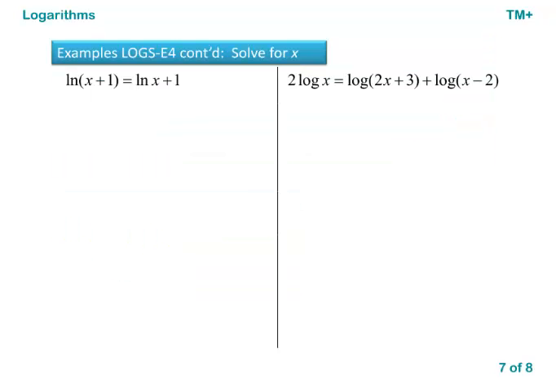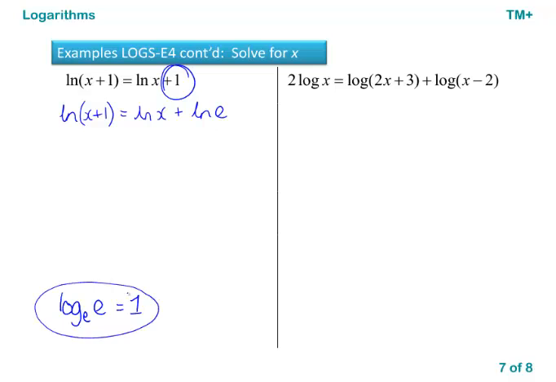Another one, a natural log of x plus 1 equals natural log of x plus 1. Now again, see how we have something here that's not a log? So I need to try and make it a log. And the best way to make a 1 into a log is to change it to ln of e. Okay, remembering that log to the base e of e equals 1.